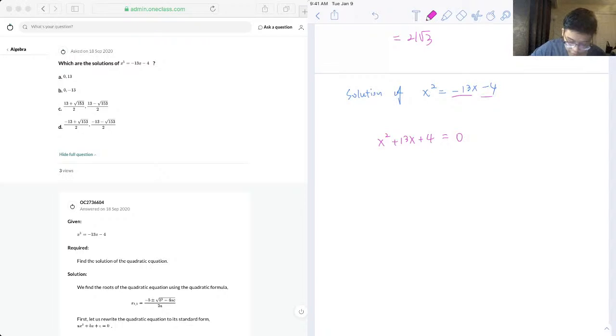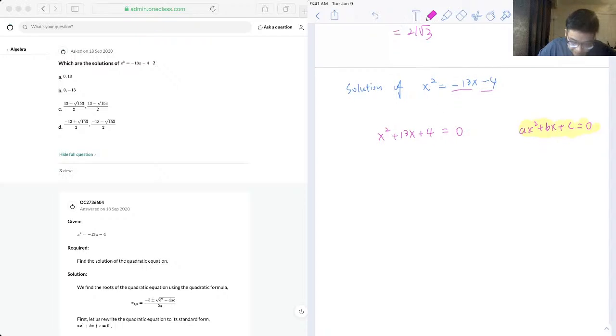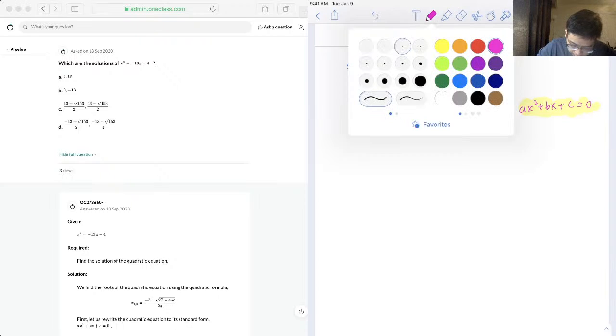And now it follows the form of ax squared plus bx plus c is equal to 0. And the reason why we're converting this is because we want to apply the quadratic formula.